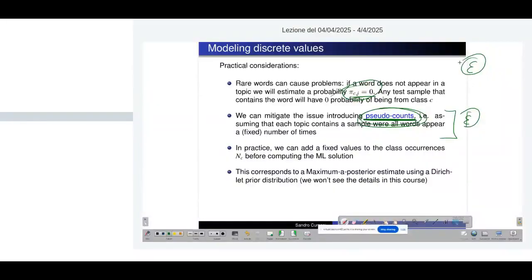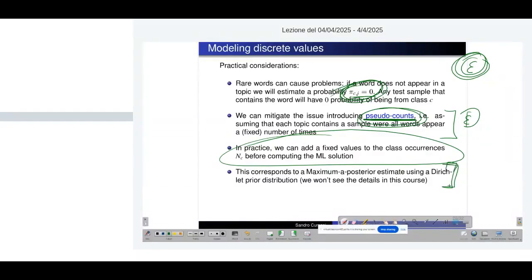We can show, but we will not, that this is an approximation of a Bayesian model. We have discussed why Bayesian models are able to address the problem of zero counts for the head tossing problem. The idea is the same. We will not discuss the Bayesian problem, but this can be seen as an approximation of a Bayesian model that introduces assumptions that allow us to treat also the cases where the word does not appear in the document, but that doesn't mean that it cannot appear in a test document.